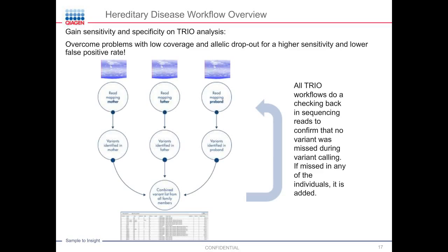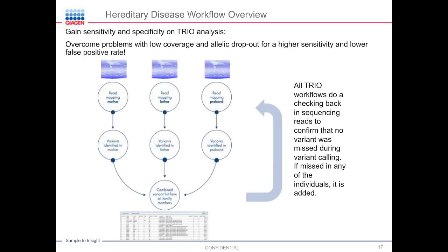It calls variants in mother, father, and child, so that's the same. But then it combines the variants from mother, father, and child into a big variant list, and it does a checking back in the mapped sequencing reads of any of the individuals to see, if you have found a variant in the proband, that it is not missed in the reads or in the variant calls from the mother and the father.